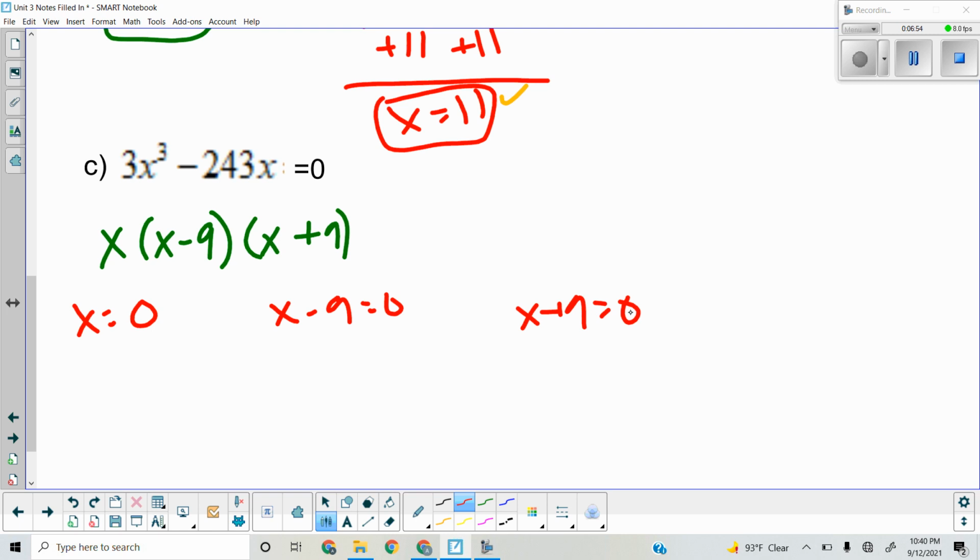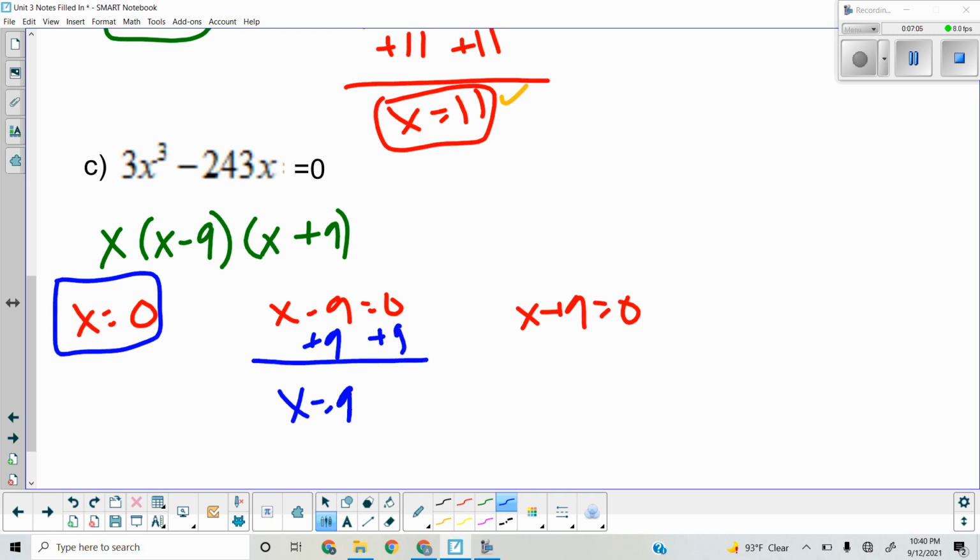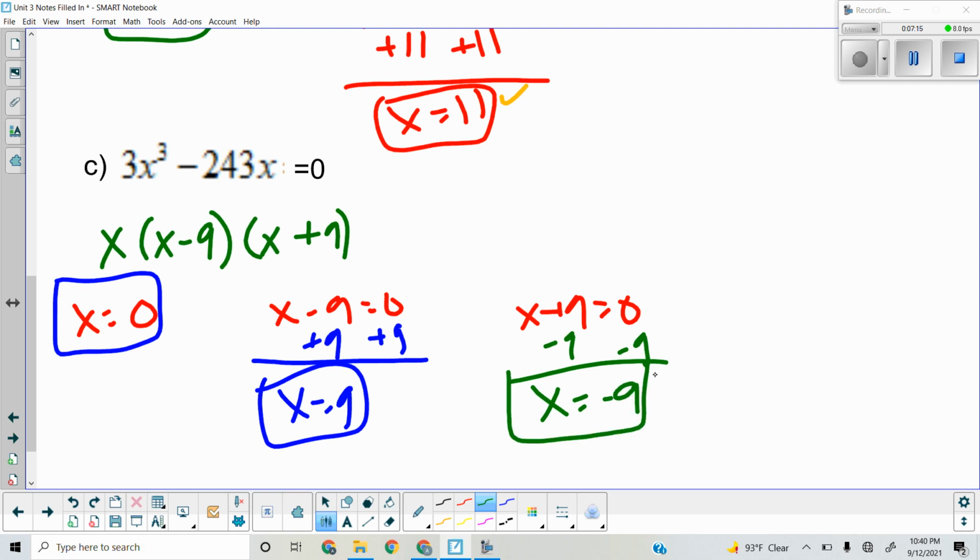And then we can solve. x equals 0. Add 9 on both sides, so we get x equals 9. And then subtract 9 on both sides, getting x equals negative 9. And if we check our exponent, our largest exponent was a 3. We have 1, 2, 3 solutions.